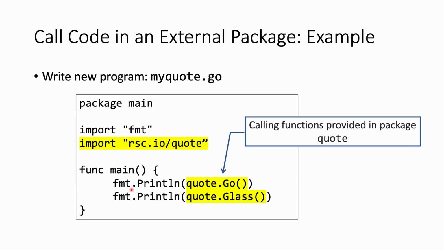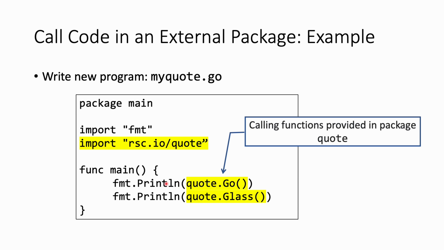In the Go programming language, to call a function provided in a package, we write the package name followed by a dot and the function name. For example, when we call the function Println in the package fmt, we write fmt.Println and then pass the argument to the function after the function name in parentheses.